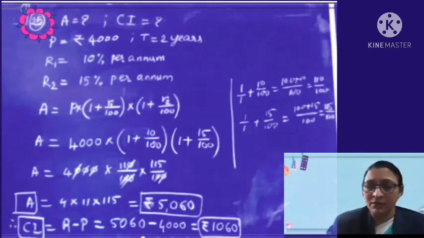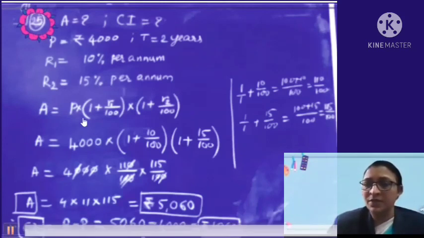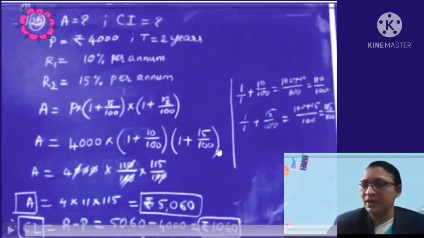So here we use the formula of amount is equal to principal into 1 plus R1 upon 100 into 1 plus R2 upon 100. Amount is equal to 4,000 multiplied by 1 plus 10 upon 100 into 1 plus 15 upon 100. Let us find the value of both brackets. The value of the first bracket is 110 upon 100 and the value of the second bracket is equal to 115 upon 100.